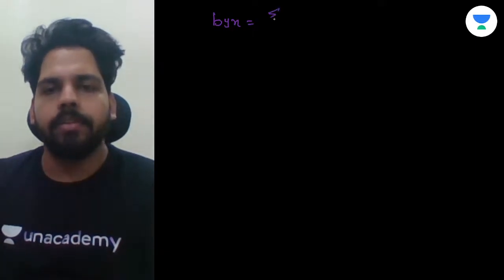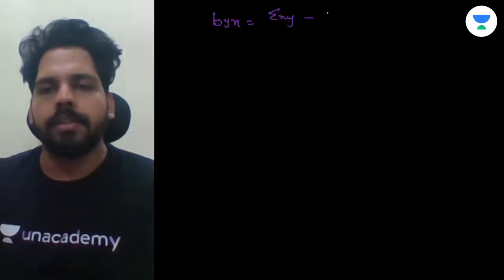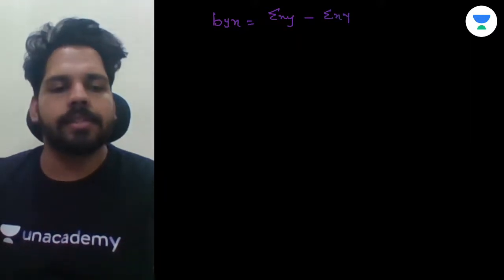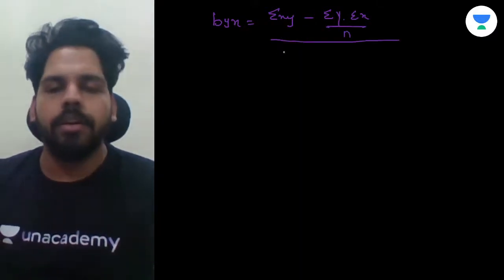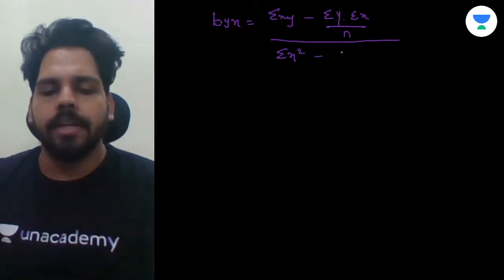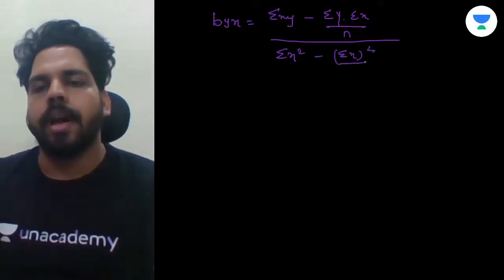So we will be having b of y on x, that will be equal to how much? Summation of xy minus summation of y into summation of x, divided by n, and the whole divided by summation of x square minus summation of x whole square divided by n.